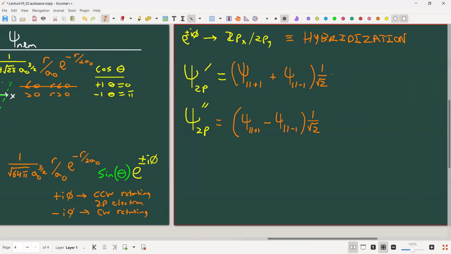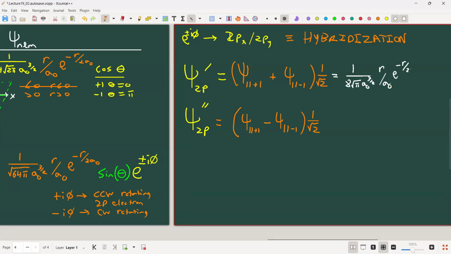So this is going to look like 1 over, what did you factor out? 8 square root of pi, a0 to the 3 halves, r over a naught, e to the minus r over 2a naught, sine theta.